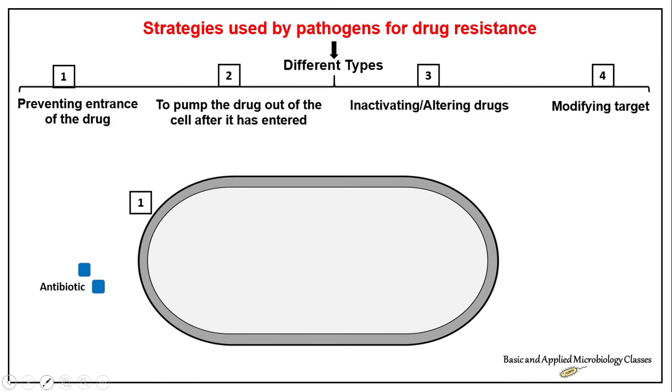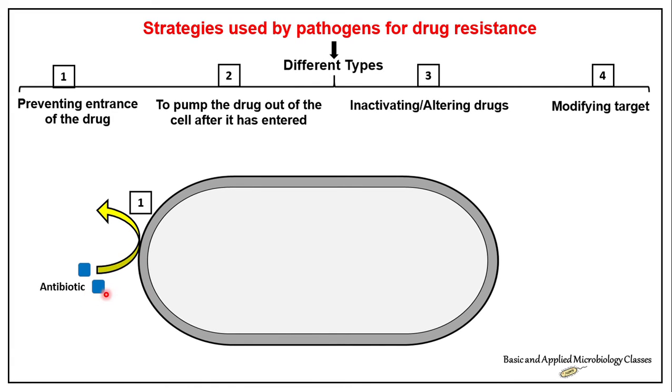Antibiotics are present outside. And here what will be there? In bacterial cells, the outer envelope will have some special type of characteristic nature, some properties, which will be helping this bacterial cell to become resistant towards this antibiotic. So this outer envelope of bacteria, what will it be doing? It will not be allowing this antibiotic to enter inside the cell.